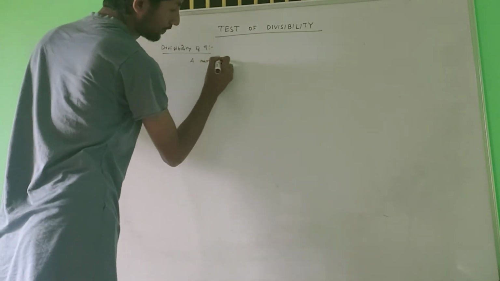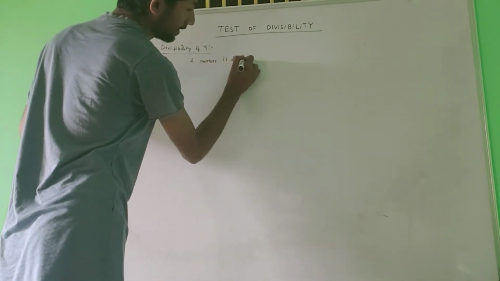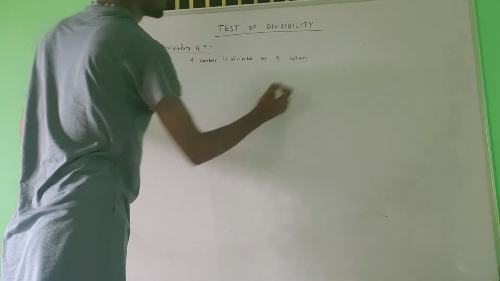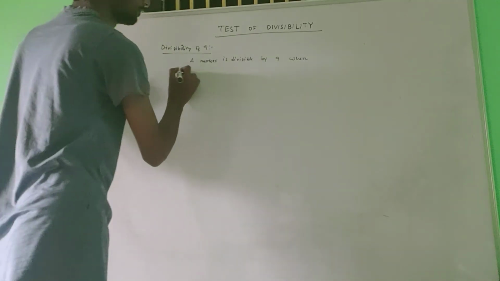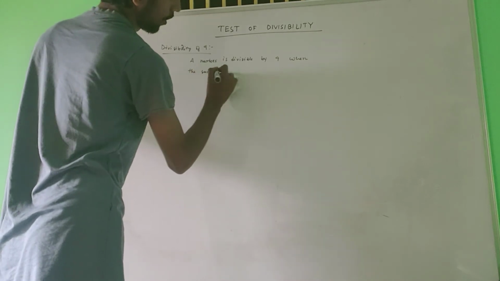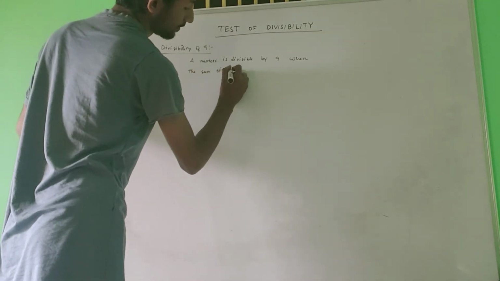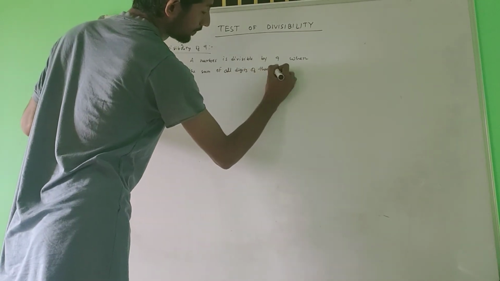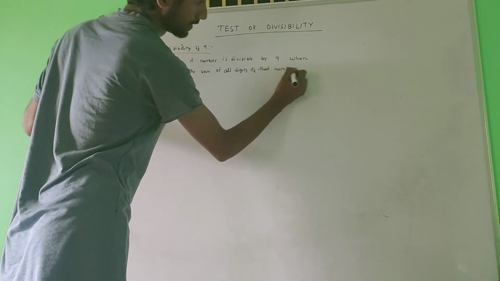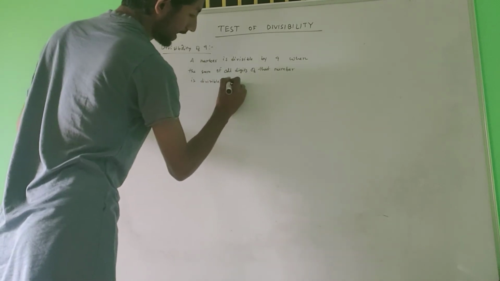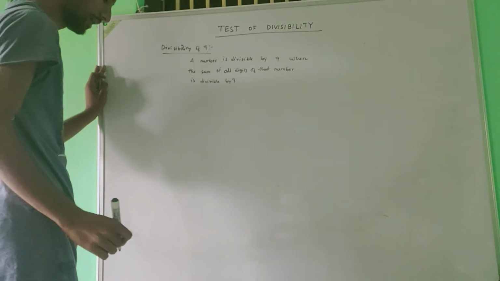A number is divisible by 9 when the sum of all digits of that number is divisible by 9.